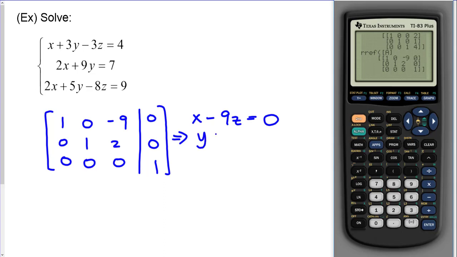Similarly, y plus 2z equals 0 is not a contradiction, but in the last equation, 0 equals 1. That's definitely not a true statement. So therefore, this system has no solution.